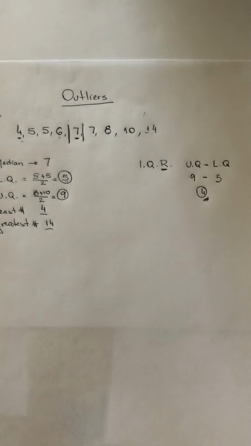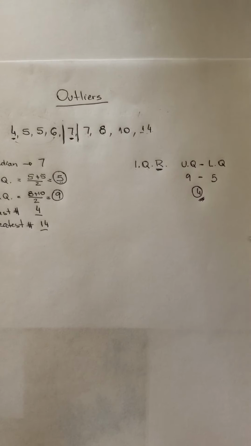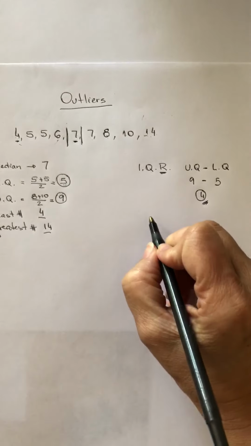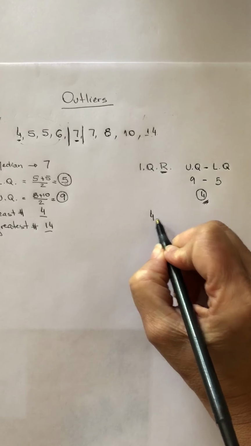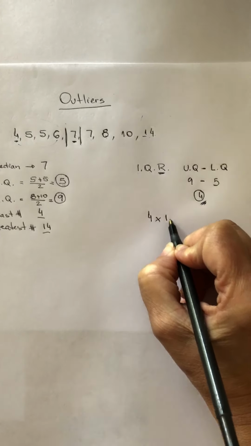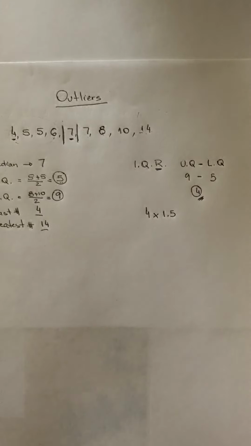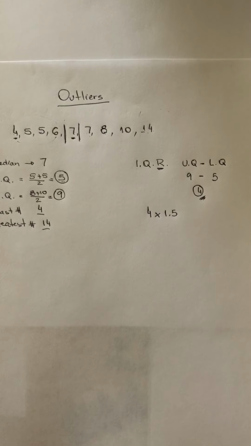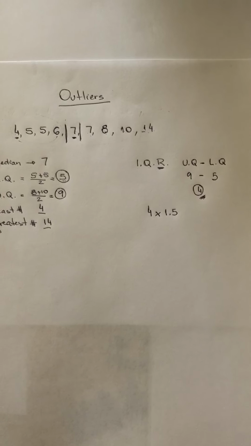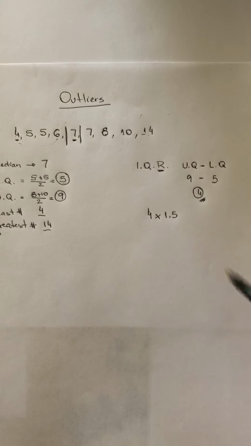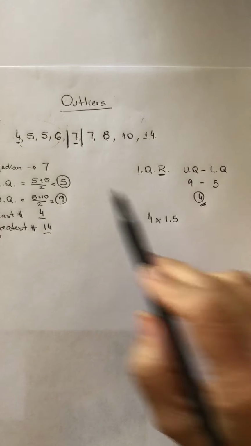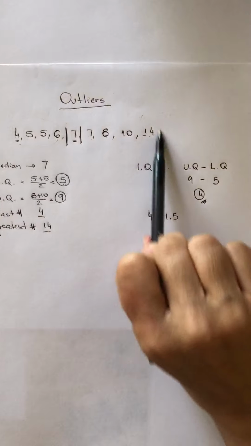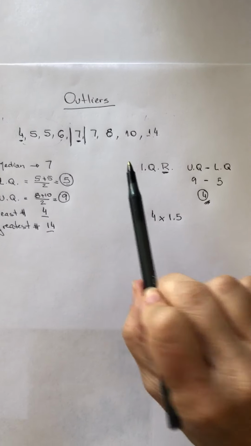What am I going to do with that information? I am going to get that number 4 and multiply by the factor 1.5. That is going to tell me the boundaries that I have to look for in order to know if any of these numbers here are or are not outliers.